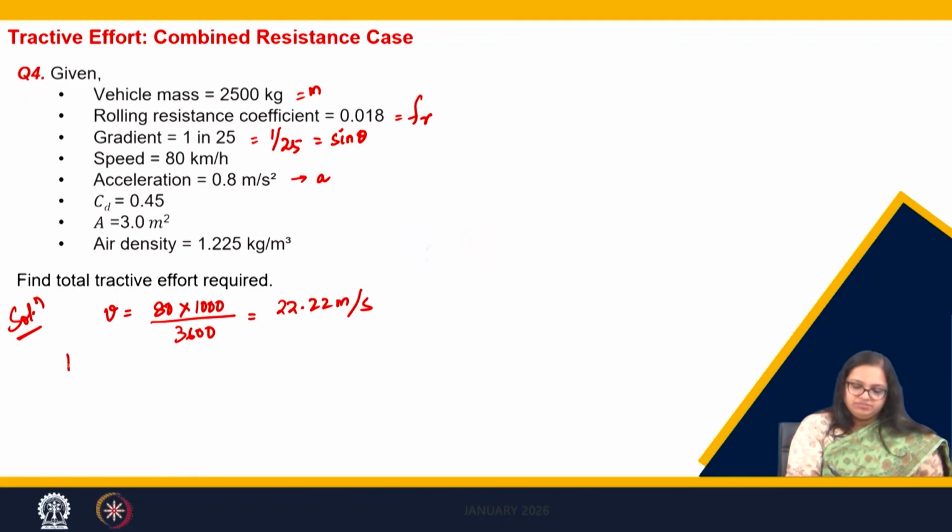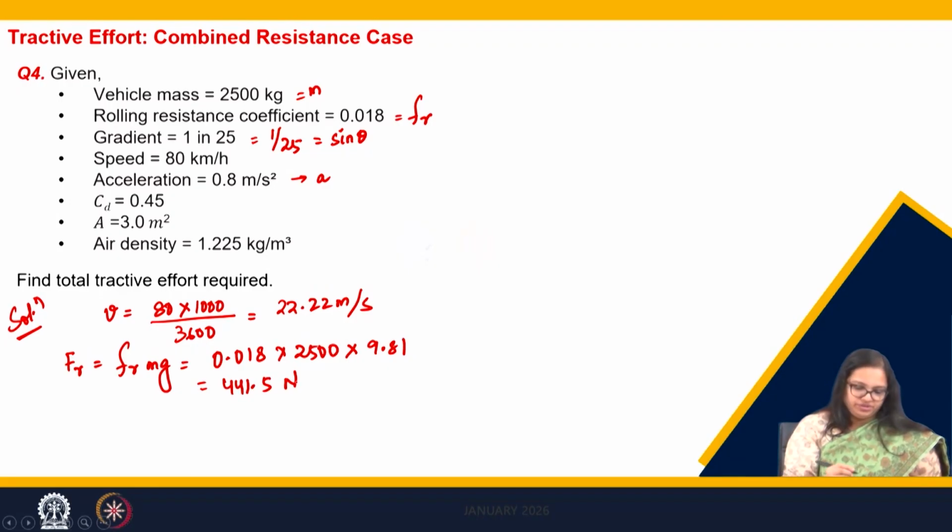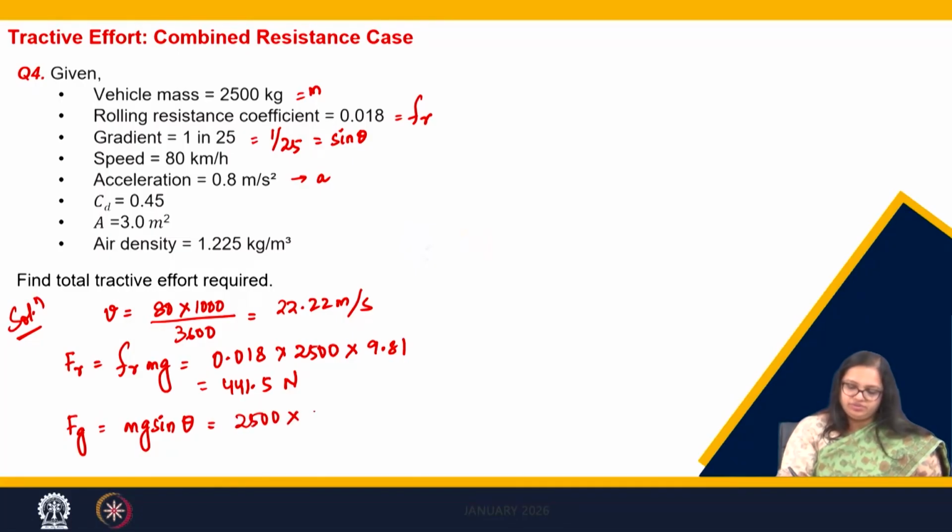Then my rolling resistance is Frmg, which is 0.018 into 2500 into 9.81, which is equal to 441.5 Newton. My gradient resistance is mg sin theta, which is 2500 into 9.81 into 1 by 25, which is equal to 981 Newton.